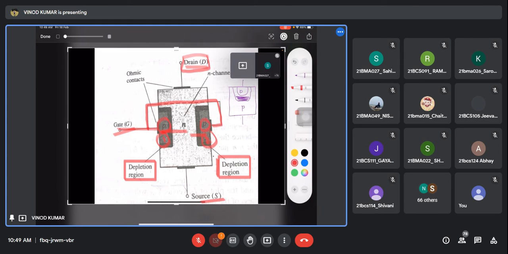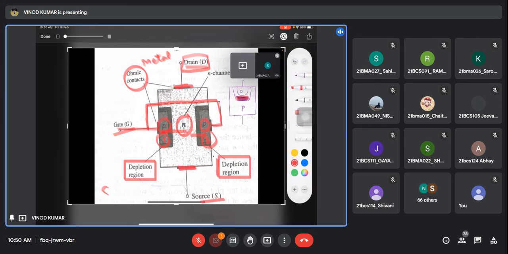This is drain, and these are called as ohmic contacts or metal contacts also. These are metal contacts. And this N is large here. That is the difference between this and this. Base छोटा है ना उसमें N. Here base we have increased actually.